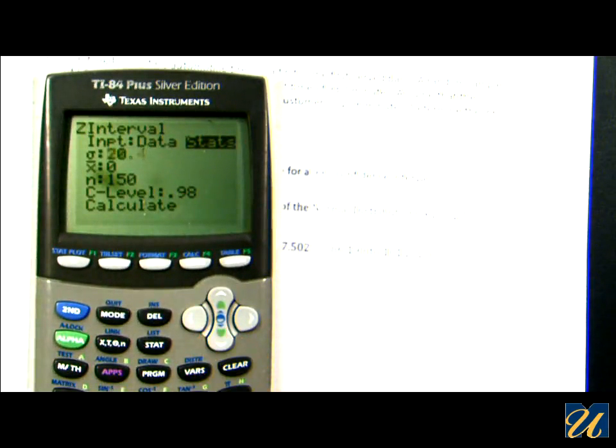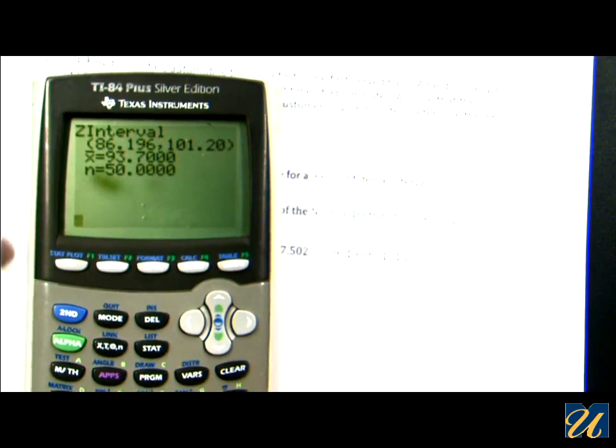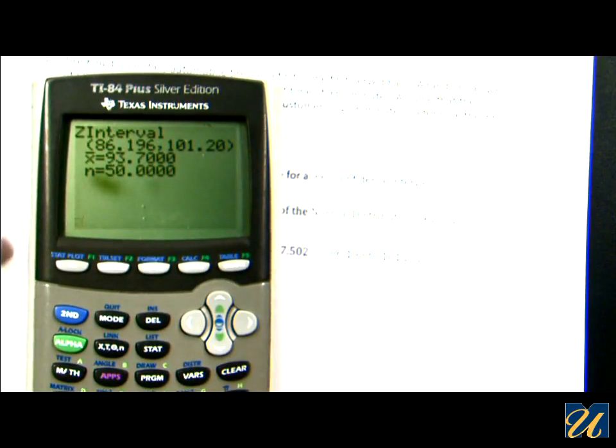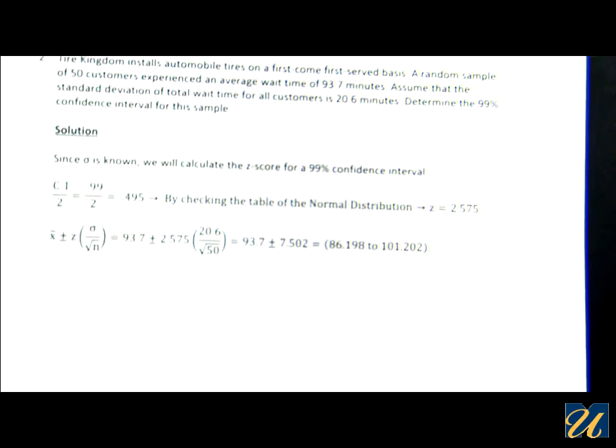Sigma is 20.6, x bar 93.7, n is 50, and I'm looking for a 0.99 confidence interval. Calculate. And you will find the same answer as we did when we did it manually.